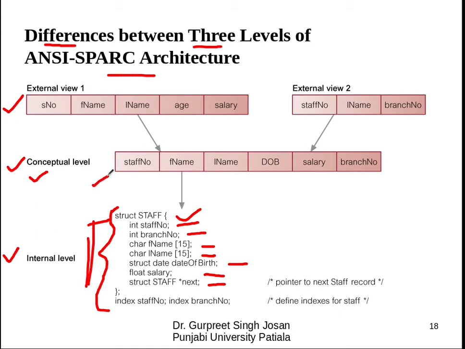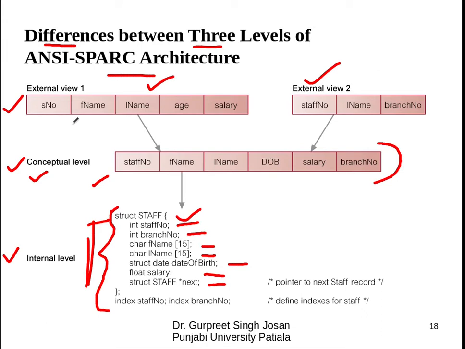At the conceptual level, we will view this particular data in the form of a table. We have a staff number field, an F name field, and an L name field. All the internal details are hidden at this level. Now, from the same conceptual level, we can create multiple external levels. For example, the first external level can be for the manager and the second external level can be for the supervisor.